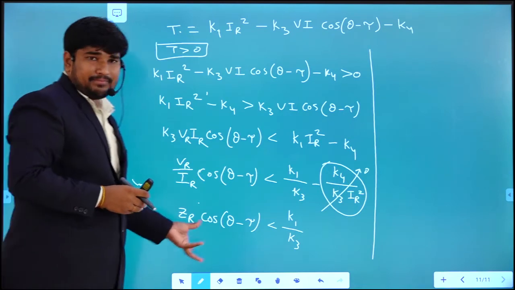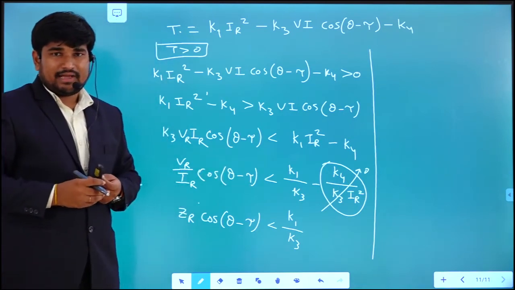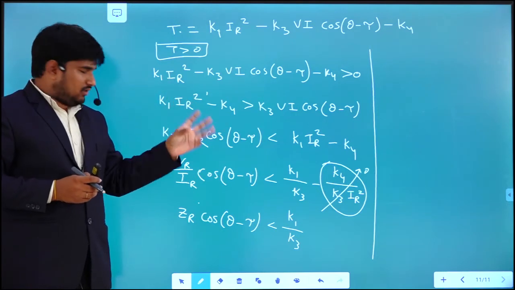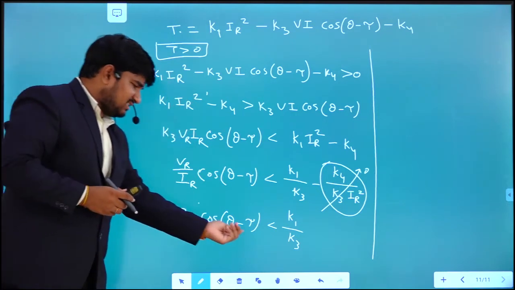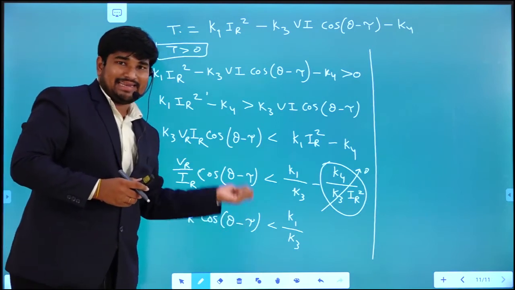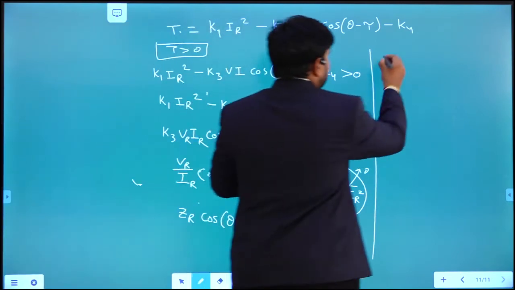Now by doing some assumptions here, I can make a reactance relay. The first one is I will take tau as 90 degrees.